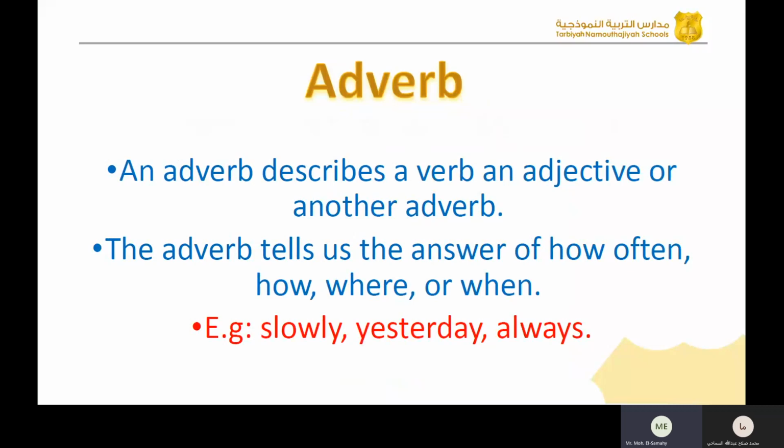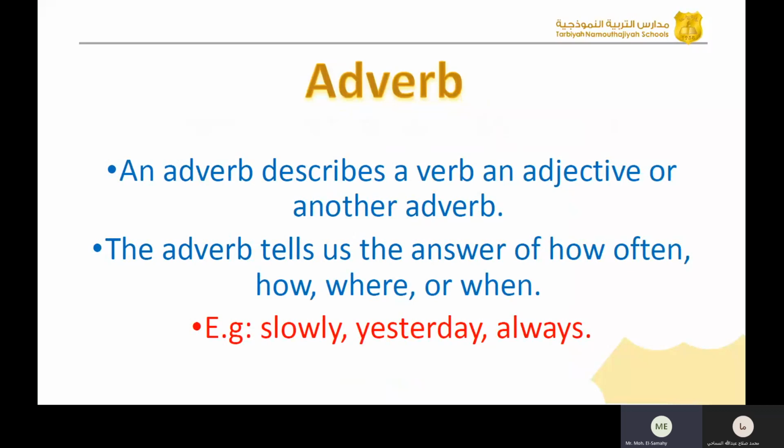If I tell you Ahmed is tall, the word tall is describing who? It is describing Ahmed. So tall is an adjective because it is describing Ahmed, which is a noun.